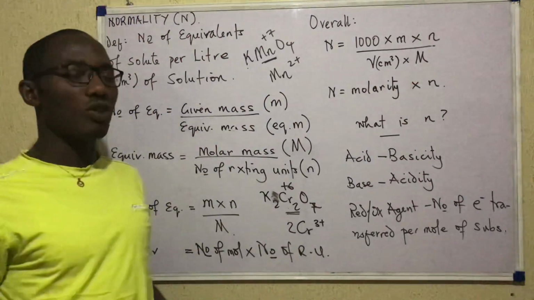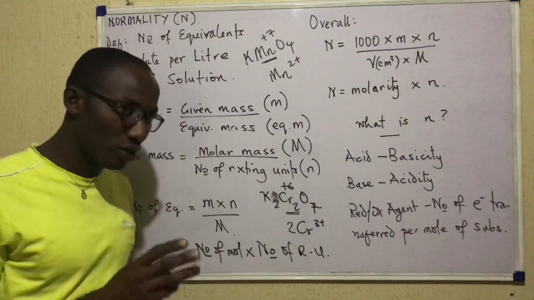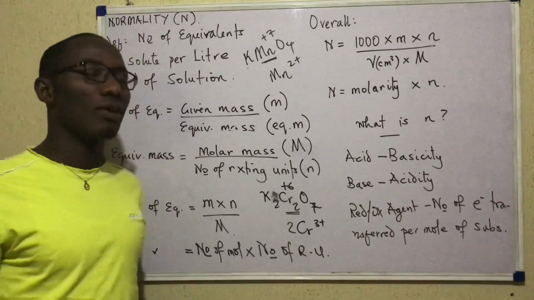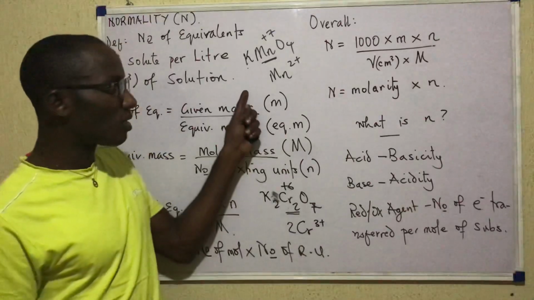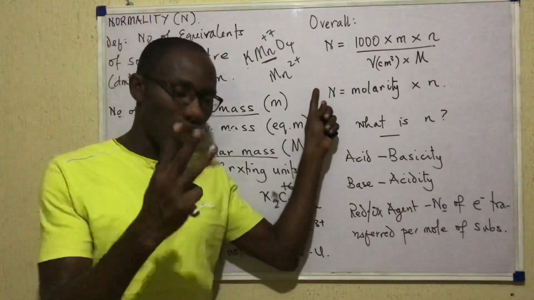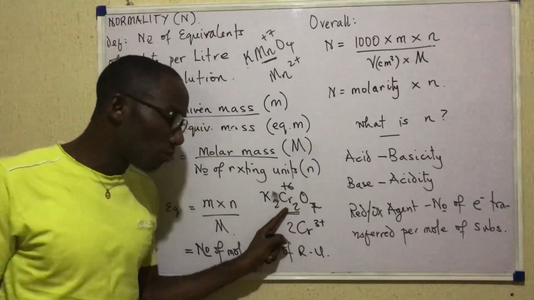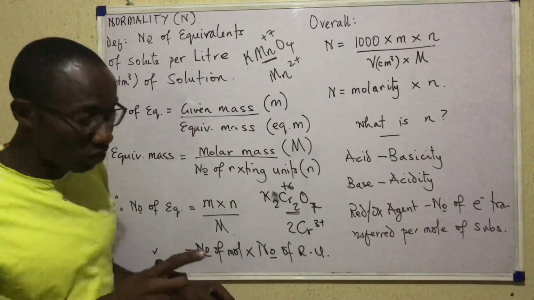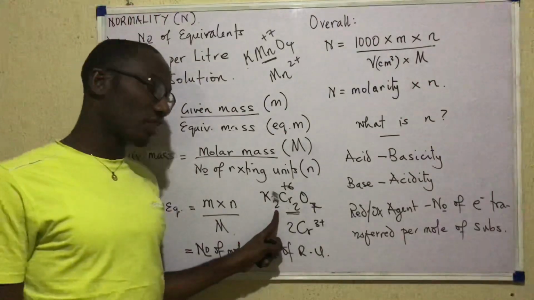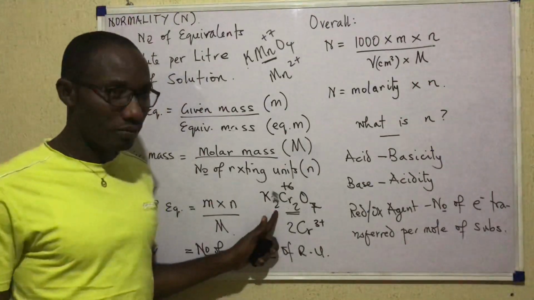It means that each of them would gain 3 electrons, and between them, they are going to gain a total of 6 electrons. So Cr6+ to Cr3+, 3 electrons. The other Cr6+ to Cr3+, 3 electrons. That means a total of 6 electrons gained, and the number of reacting units here will be 6.